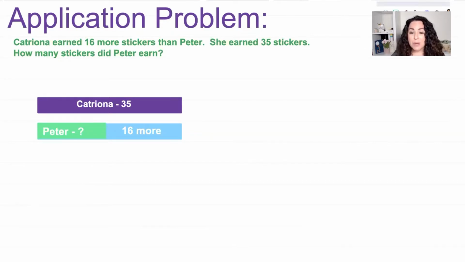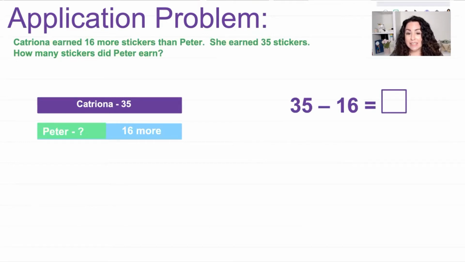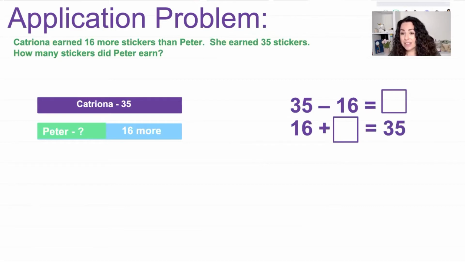So remember, what we can do is 35 take away 16 is equal to the amount of stickers that Peter has. Or we can also write the problem this way with the missing addend. We could start with the number of stickers Peter has and then try to get to 35. So we try to find the missing addend. One way we can do that is by using the arrow way. We can start at 16, and then to get to a friendly number, I'm just going to jump 4, and I'm going to get to 20.